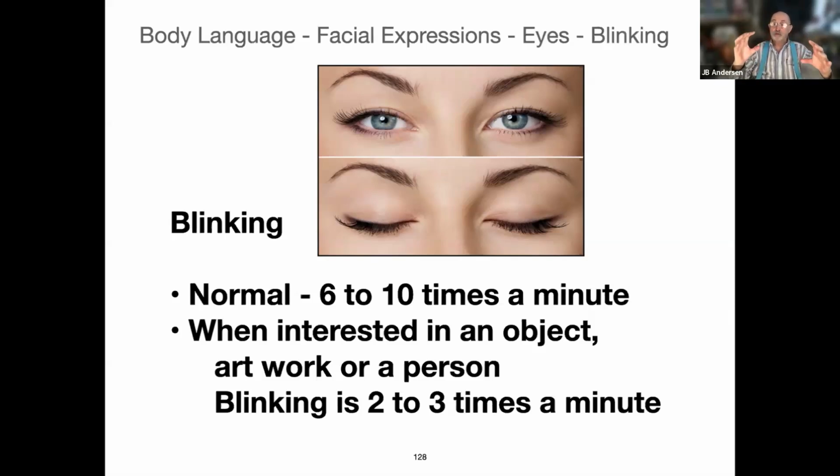You're concentrating on seeing more, not blocking your eye. So you block your eye less. When you're interested in an object, a piece of art, or a person, blinking goes down to 2 to 3 times a minute. That can be every 20 to 30 seconds that you blink.